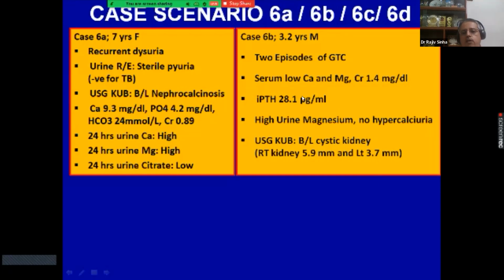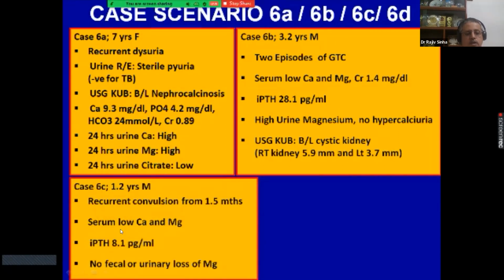So PTH 28.1 is not appropriate. If you have a low calcium, your PTH should be further high. So most probably this low PTH reflects a persistently low magnesium, which has depressed the PTH.